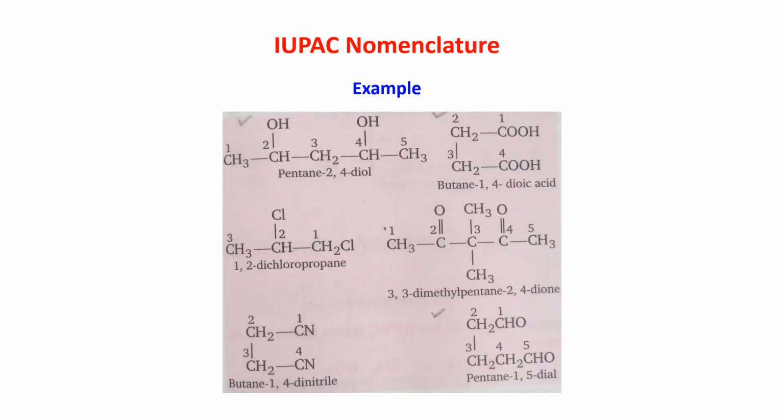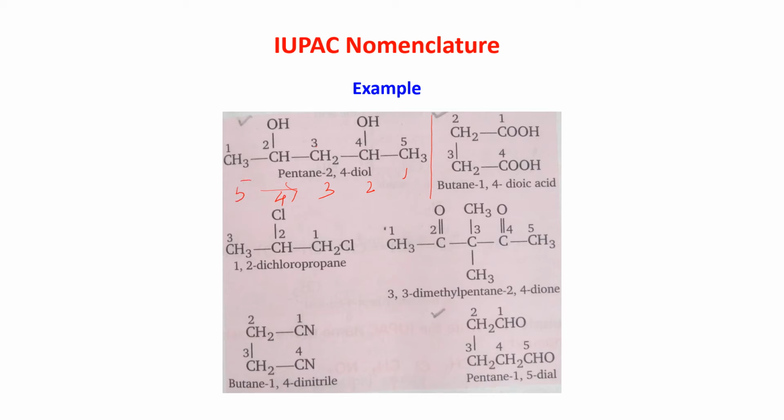Now look at the example. The first one, CH3, CHOH, CH2, CHOH, CH3. The numbering will be like this: 1, 2, 3, 4, 5 from left to right. Why not from right to left? 1, 2, 3, 4, 5.